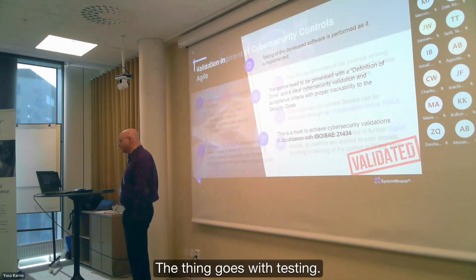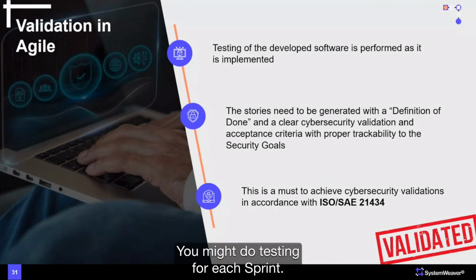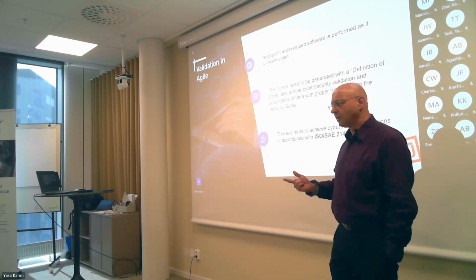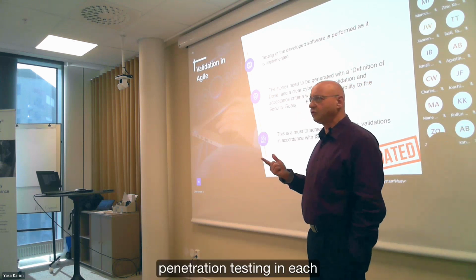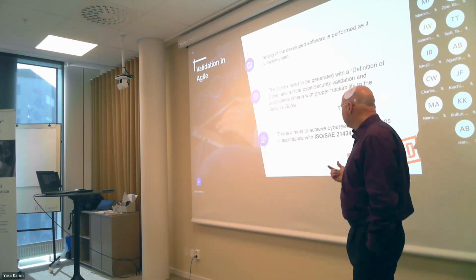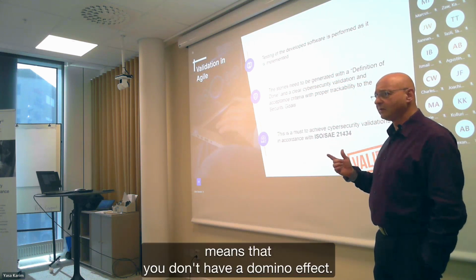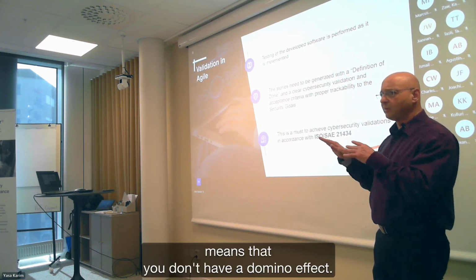The same goes with testing. You might do testing for each sprint. At the end of the sprint, you are happy. You did your functional testing, your penetration testing, and each sprint was tested, both functionality and cybersecurity. Now, we need to prove that done means that you don't have a domino effect.